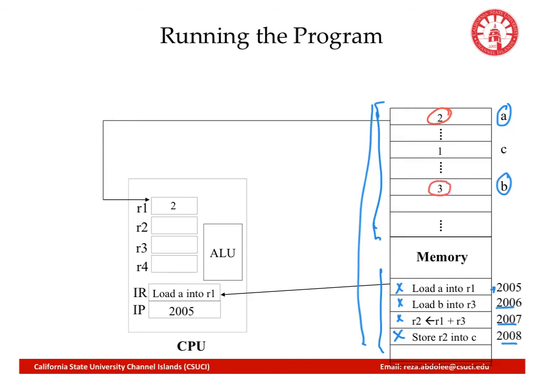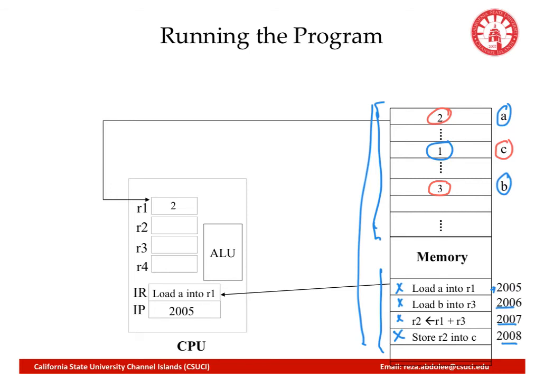And now C is actually a variable that's pointing to the memory location that right now, at this point, contains a value of 1. All right. So now that we know our memory map, let's take a look at the CPU.